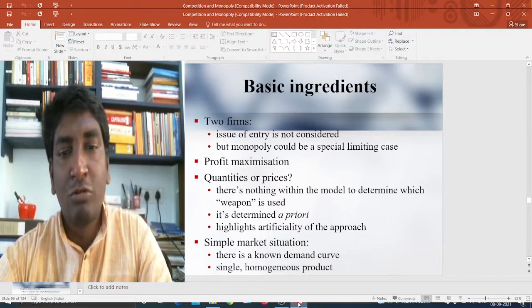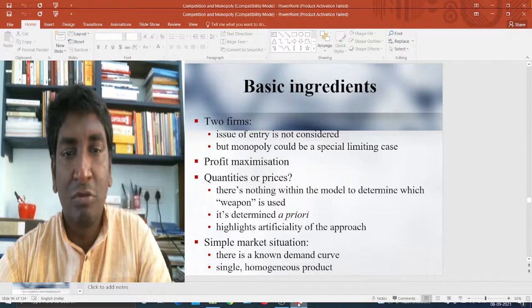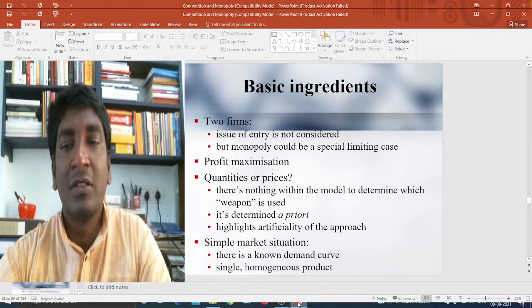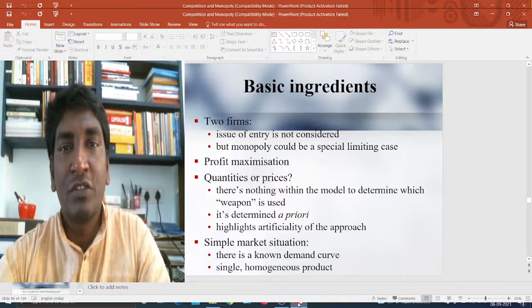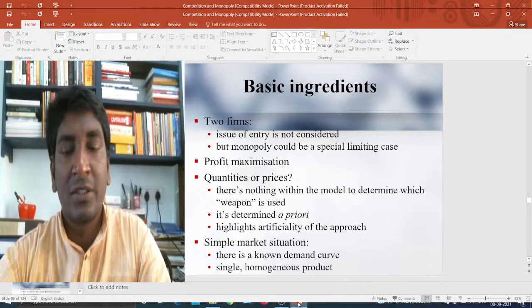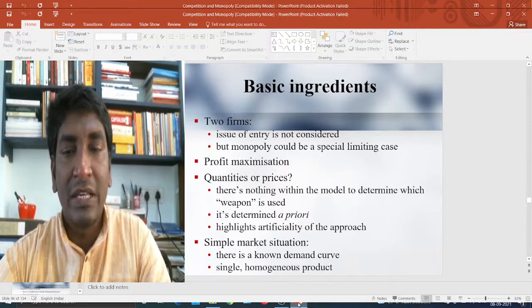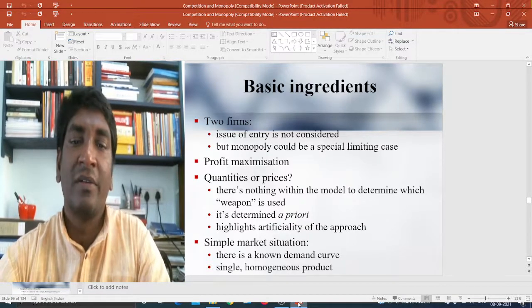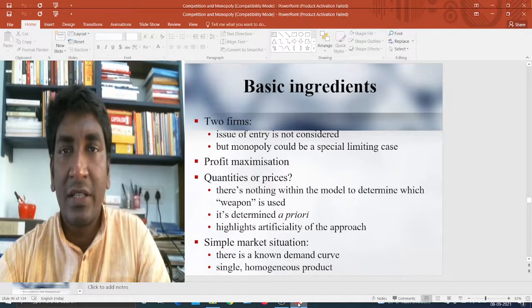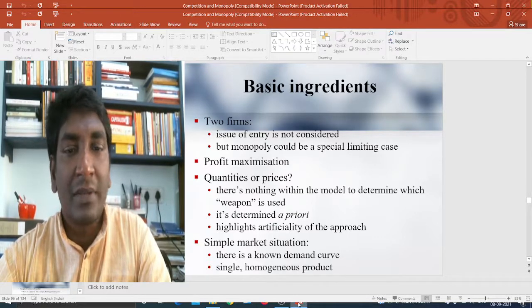Then, under the two-firm case, monopoly could be a special or limiting case of this particular oligopoly. That is what we need to understand to begin with; this is the setting with which any theorization normally starts.